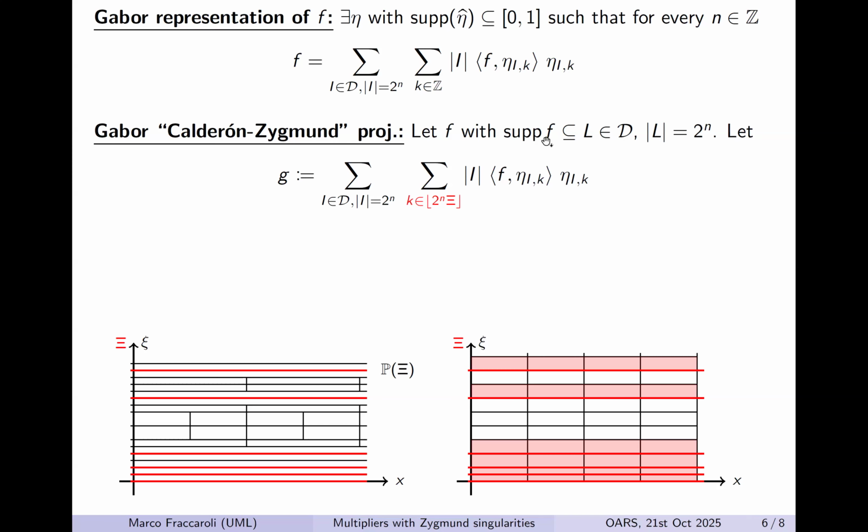Suppose that your function is supported on a specific dyadic interval L, which has a certain scale, 2 to the n.